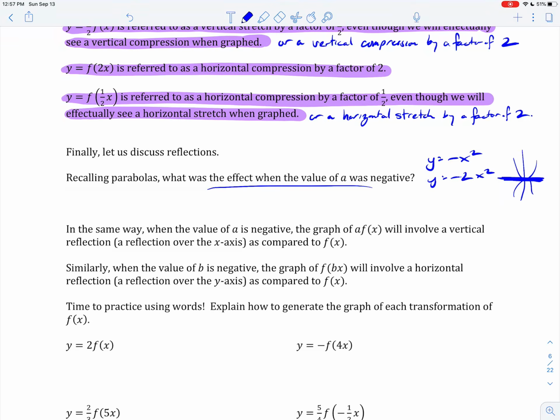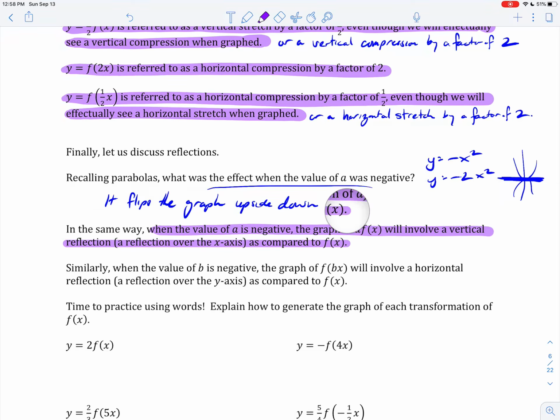Colloquially, we could say that it flips the graph upside down. But formally, we're looking at this language. When the value of a is negative, we're talking about a vertical reflection over the x-axis.